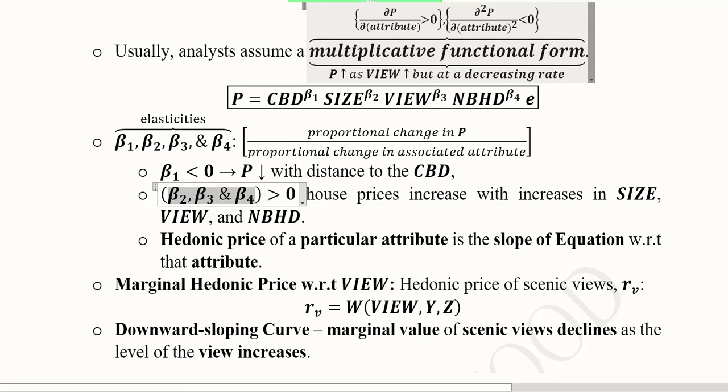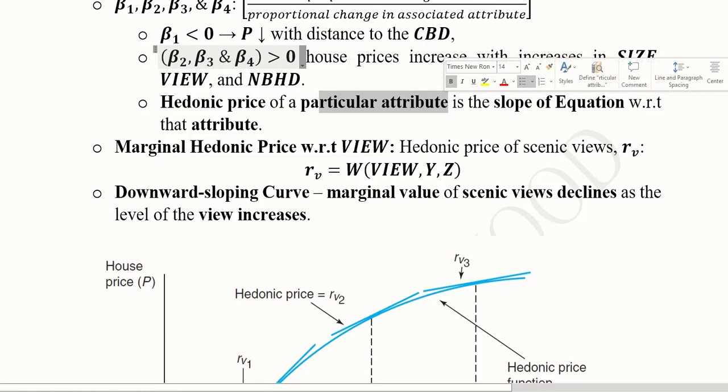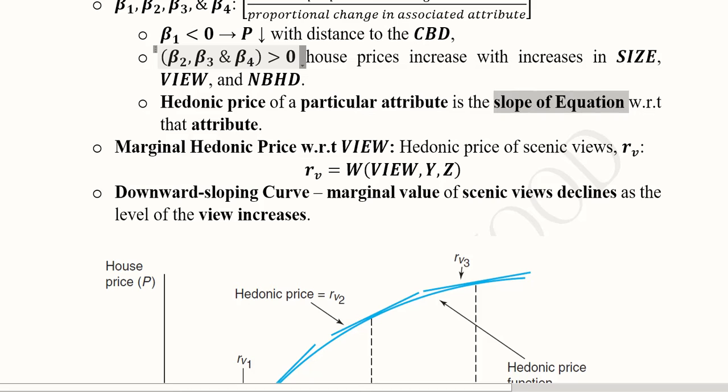The other factors are positively related, because as the size of the lot increases, as the view improves, as the characteristics of the neighborhood become more favorable, the house price will increase. Now these hedonic prices of the various attributes are actually the slope of the equation with respect to the attribute.